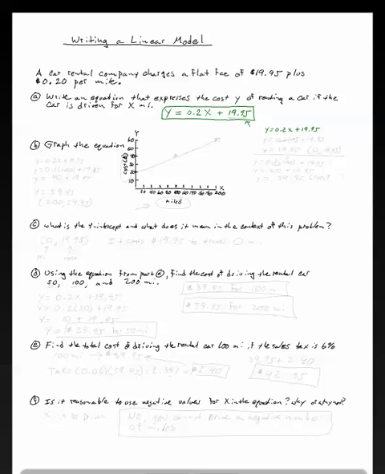If we let x equal 0, so y equals 0.2 times 0 plus 19.95. 0.2 times 0 is 0. So that term cancels, and we just have 19.95. So that gives us the point when x is 0, y is 19.95.